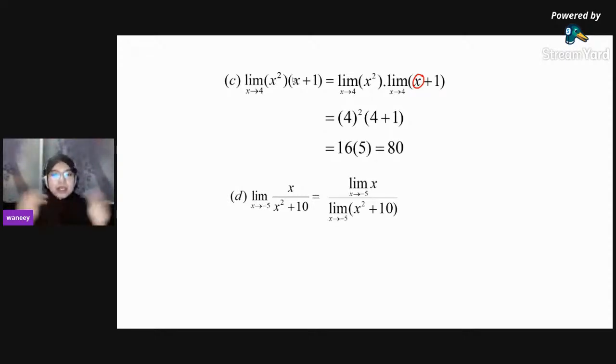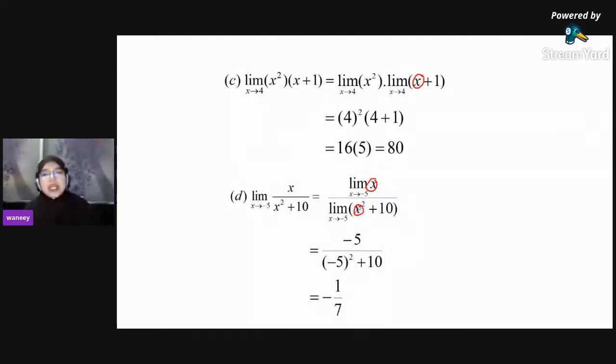So whenever you see x, replace the x with -5. So it will become -5 over -5 squared plus 10. So simplify them a little bit, we are going to get -1 over 7.